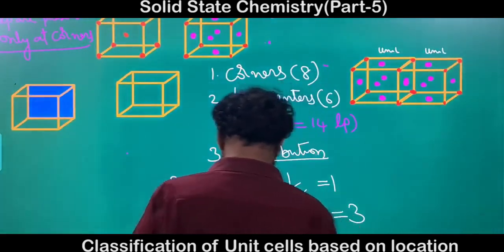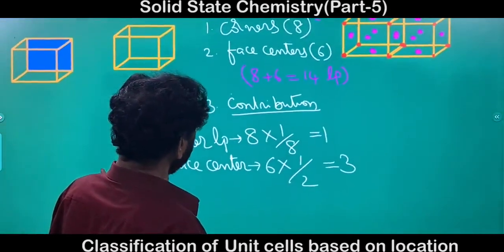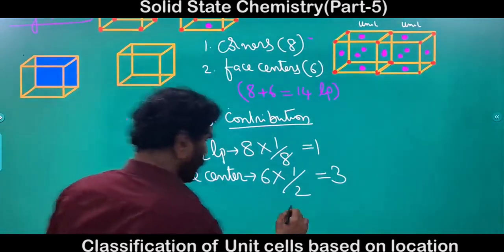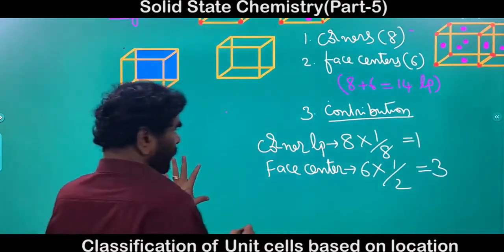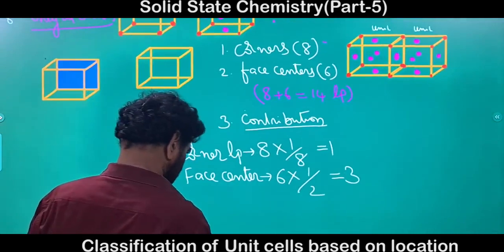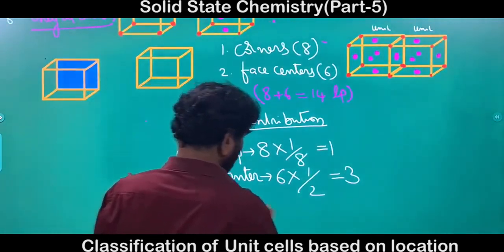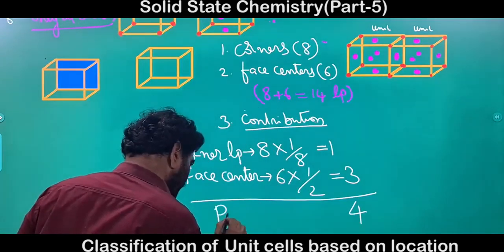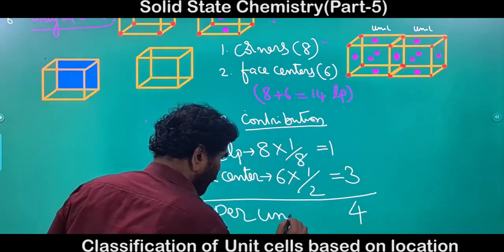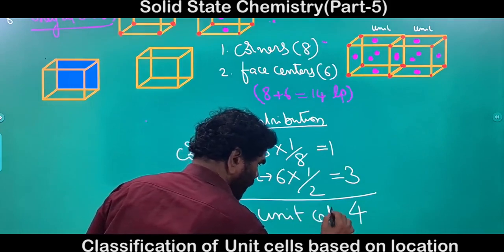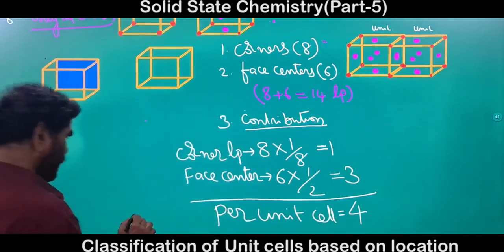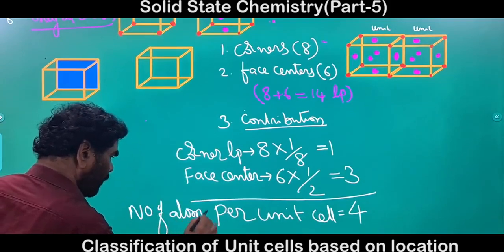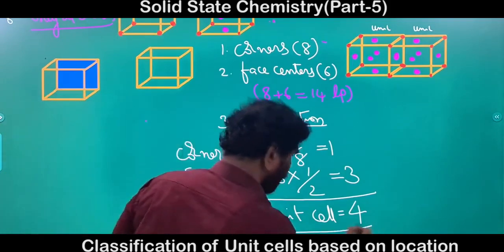Therefore, the total number of atoms involved in the face centered unit cell is only 4 per unit cell. Per unit cell, the number of atoms is 4.